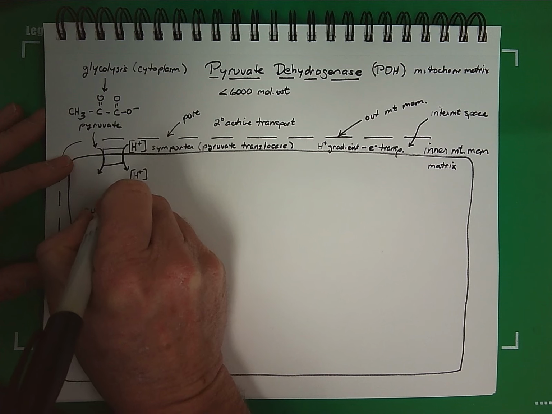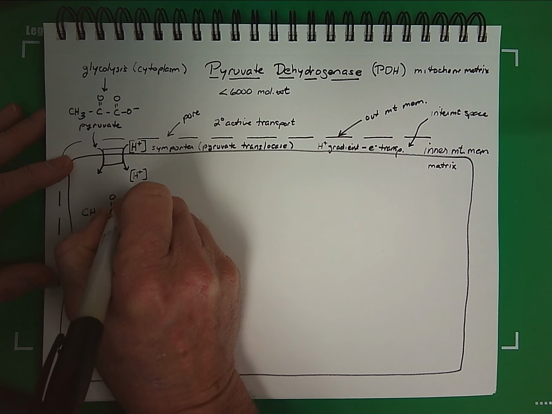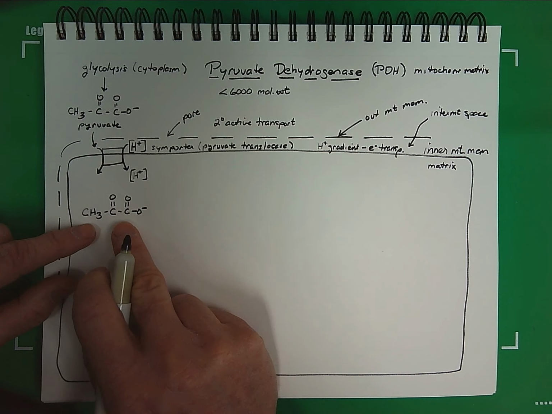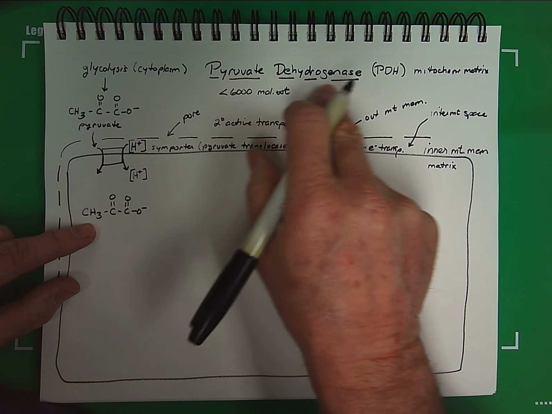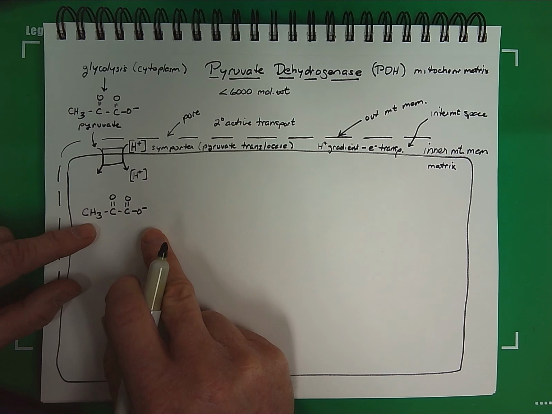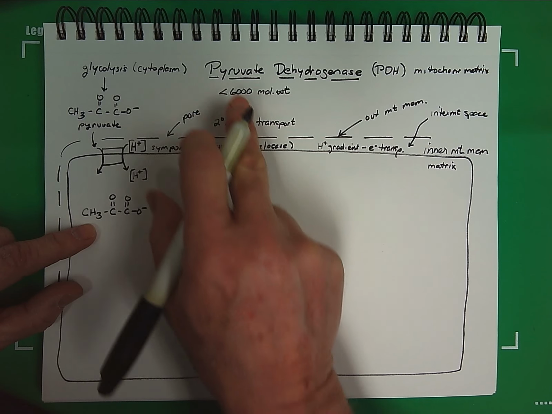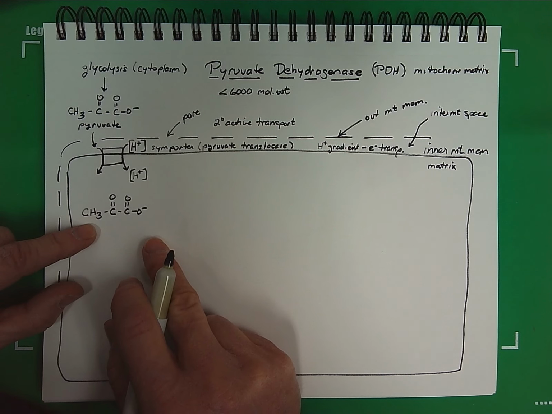Now, once we have pyruvate in the matrix of the mitochondria, we have to process this pyruvate by the pyruvate dehydrogenase enzyme in order to generate acetyl-CoA. So acetyl-CoA is going to be our final product of this particular reaction, and then we will have the substrate to enter the TCA cycle.